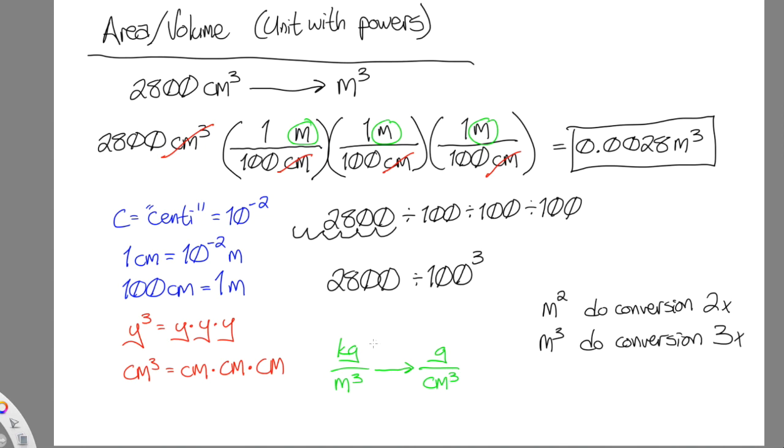So you'd convert the kilograms to grams on the top, and then to convert that meters cubed to centimeters cubed, you'd follow the same process that we did here. And that handles just about every type of unit conversion we can do.